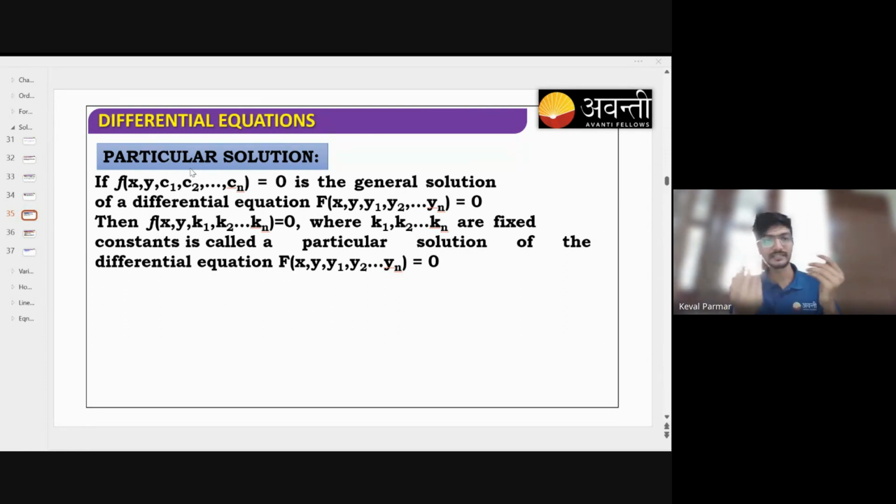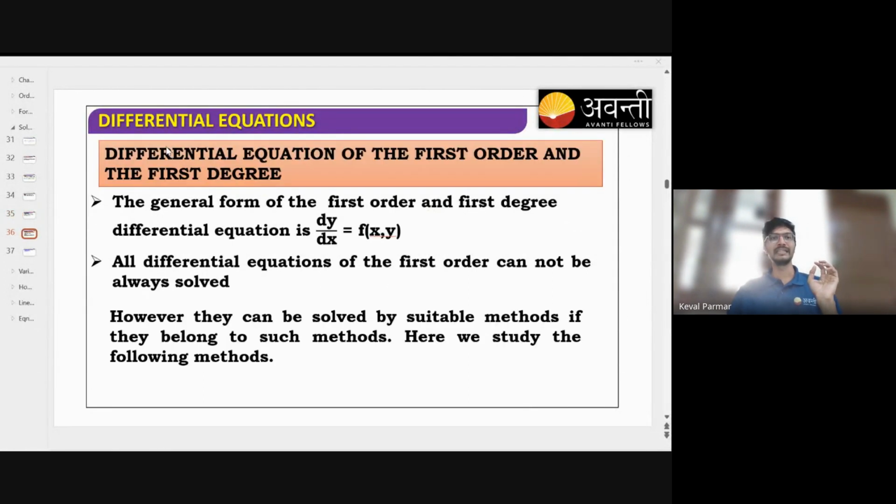If boundary conditions are given, we will find the value of the arbitrary constant and then we'll get the particular solution. Got it? Next, we have the differential equation of first order and first degree. To solve this, we simply need to integrate, but obviously we have divided them into different types.